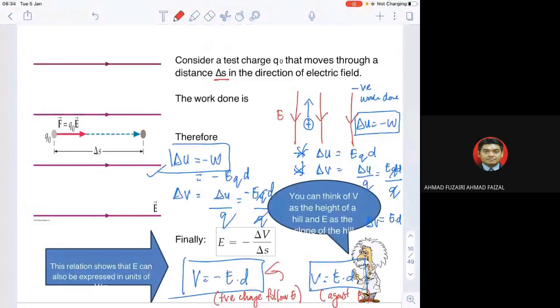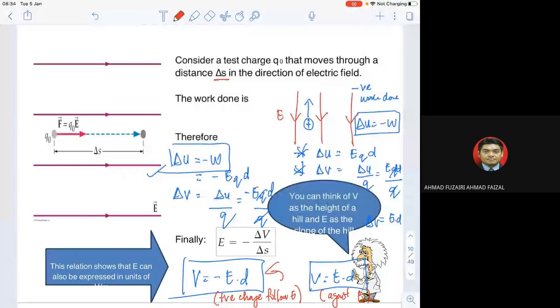For the negative charge, we know it will always have a force that goes against the electric field. But this discussion happens for the positive charge when we have both cases.